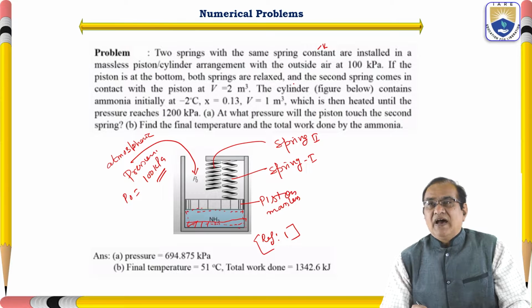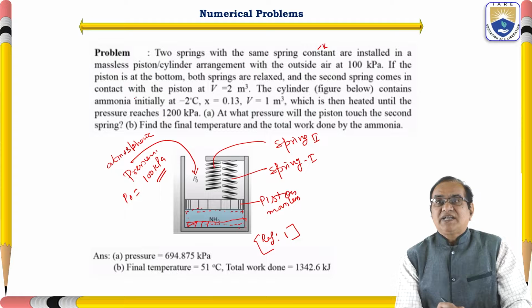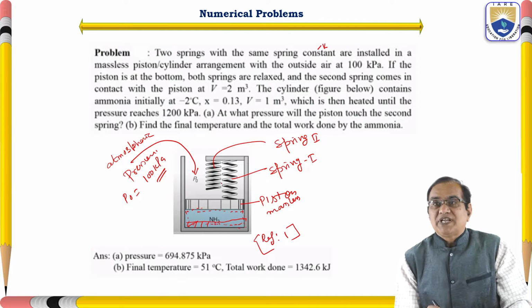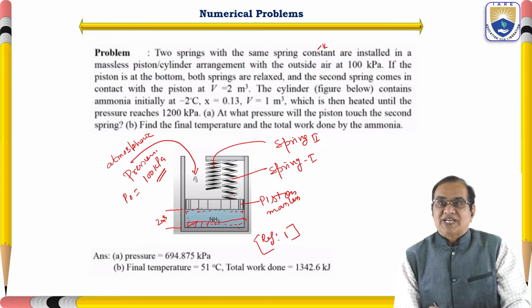Both springs are relaxed, and the second spring comes in contact with the piston at V equal to 2 meter cube. So as and when it comes to this level, which is 2 meter cube, the first spring is going to touch at that time.